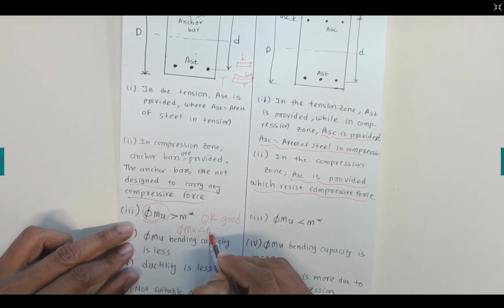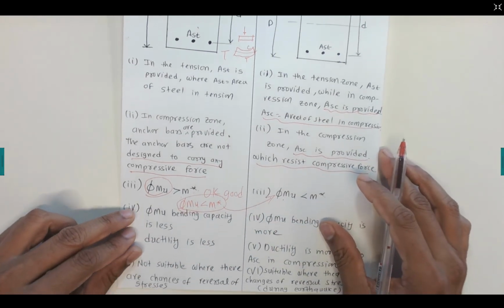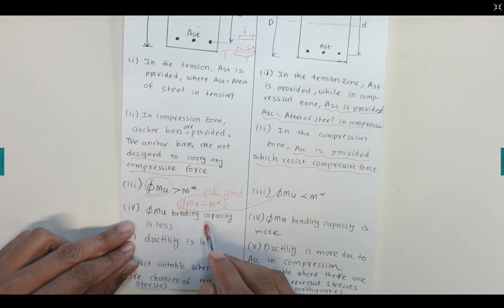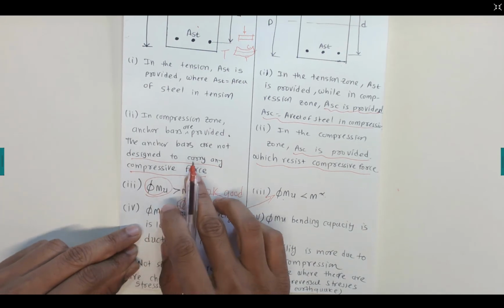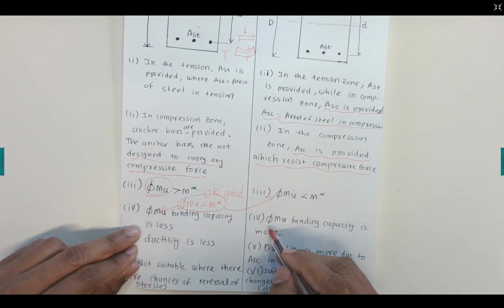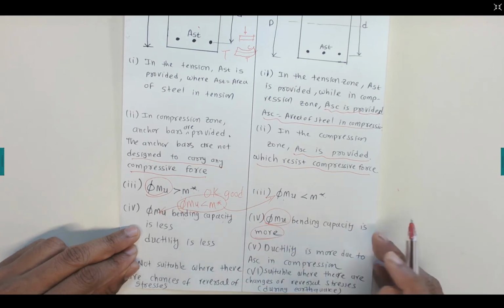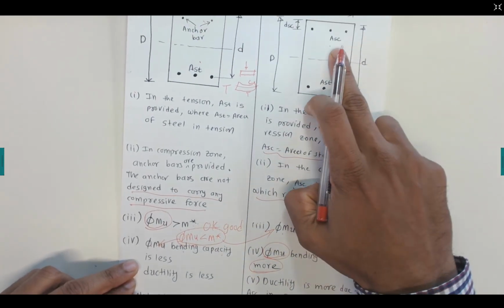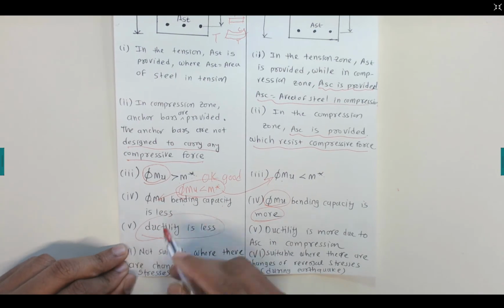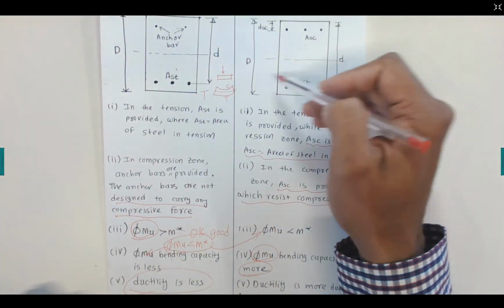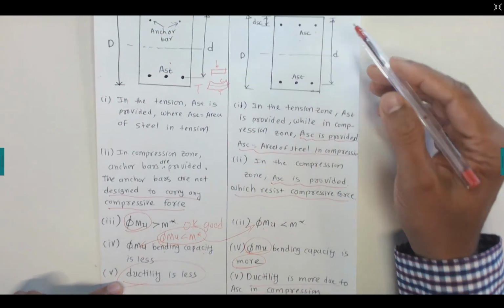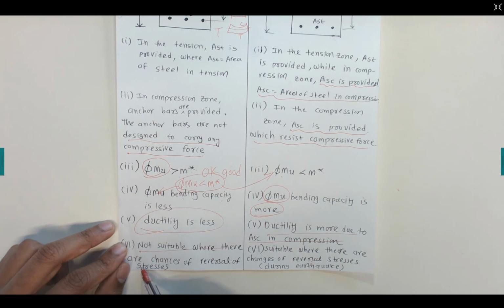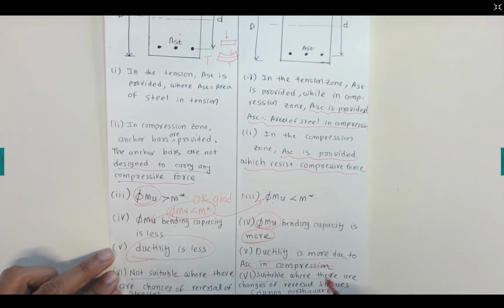If M star is greater than the capacity, then we need to move on to the doubly reinforced beam. The bending capacity, phi Mu, of the singly reinforced beam is less than the design moment, and we increase phi Mu, giving it a higher value because of the additional reinforcement. Ductility is less in the singly reinforced beam because it has a small amount of reinforcement, and ductility is more in the doubly reinforced beam because of the additional reinforcement. The singly reinforced beam is not suitable for earthquake reversal load, but the doubly reinforced one is suitable for reversal load.